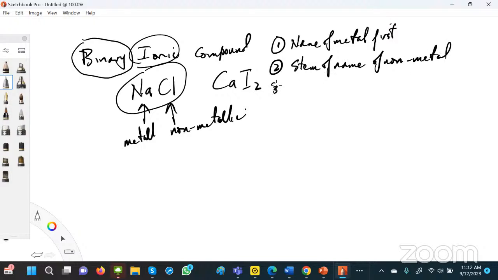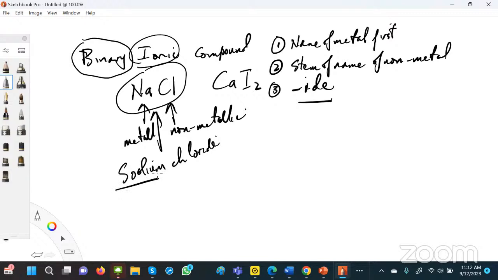And then the third part is that, after you have the stem of the name of the nonmetal, you add the suffix -ide, right? So basically all these compounds end with the ending -ide. For example, this compound here is known as sodium chloride, because the metal is sodium, and then the stem of the name of the other element, chlorine, is chlor, and then it ends with -ide.